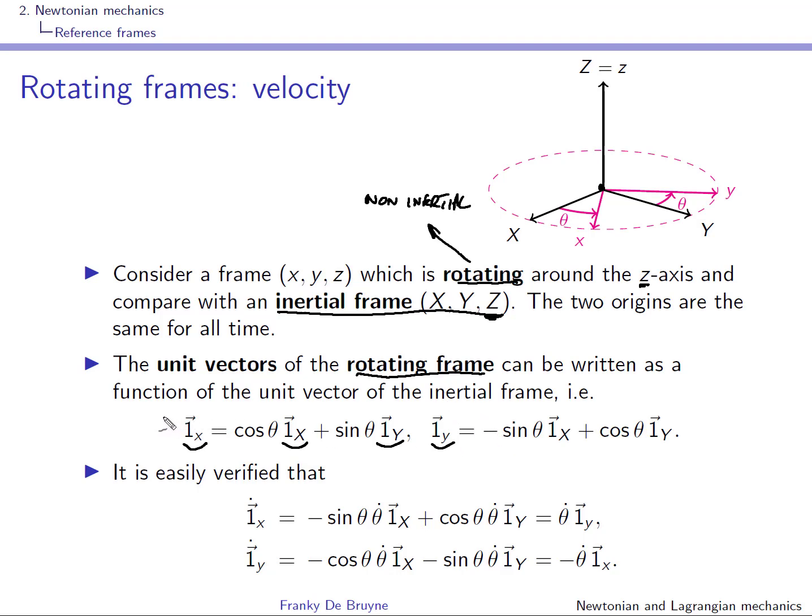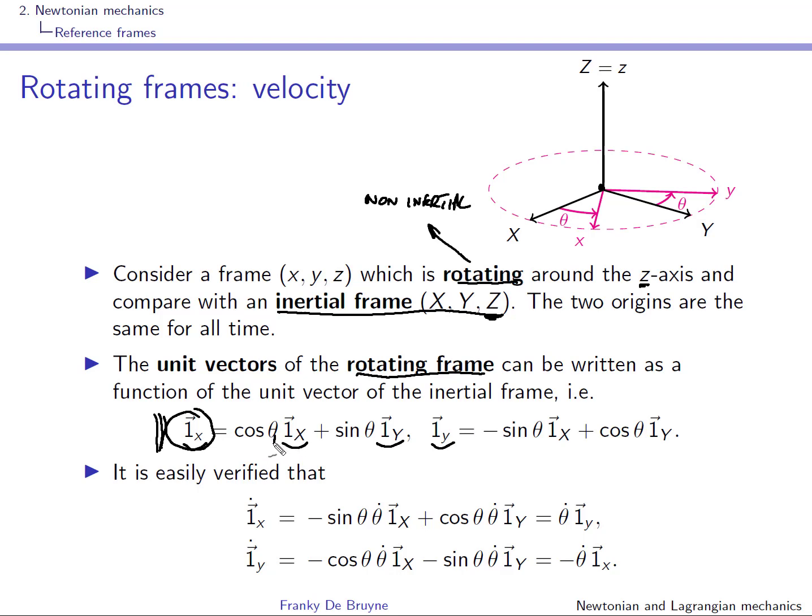So now we'll be interested in seeing what happens if we take the time derivative of this thing here. Here we have the product of two things, so if we take the time derivative, you expect two terms.